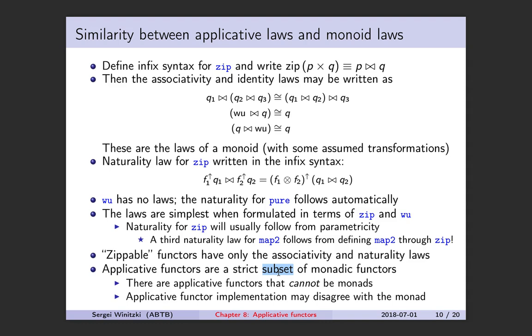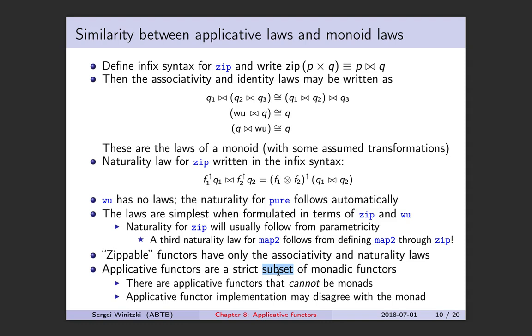So that definition disagrees with the definition of map2 that would follow from the monad. So strictly speaking, we should rename this functor into some other name just to distinguish it so that we don't get confused, because we might want to write applicative code in a monadic for yield block and then we would accidentally have the wrong implementation of map2.